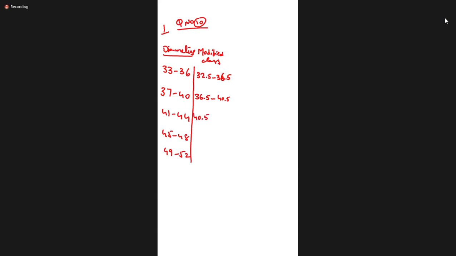Reduce 0.5 in the lower limit, increase 0.5 in the upper limit, up to 52.5. Now take the middle values. That is your xi, the mid value.